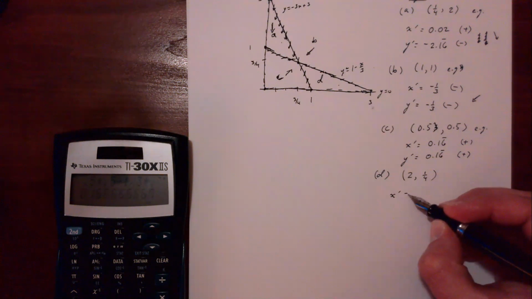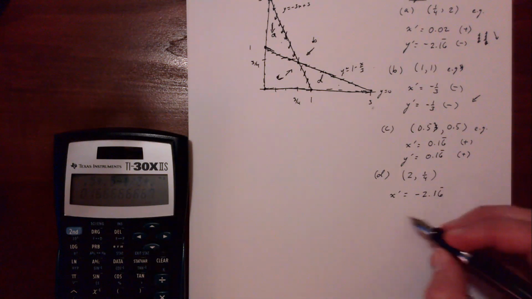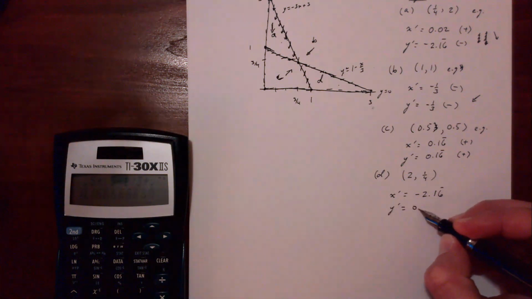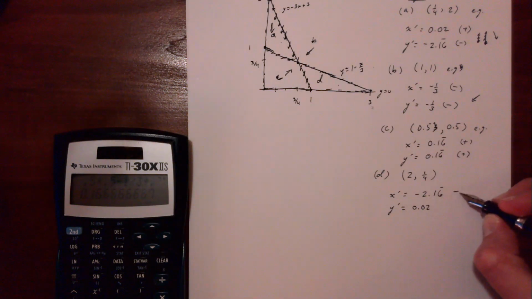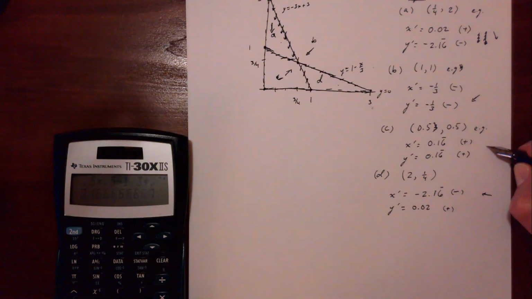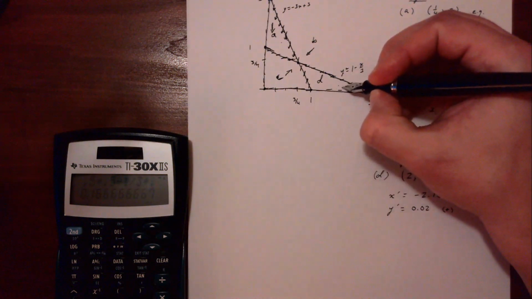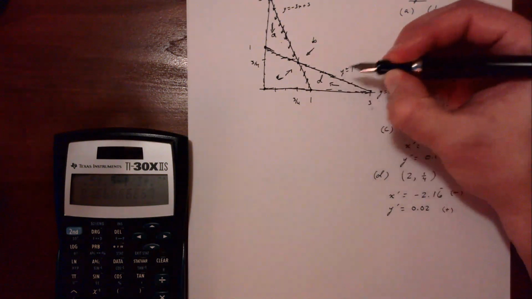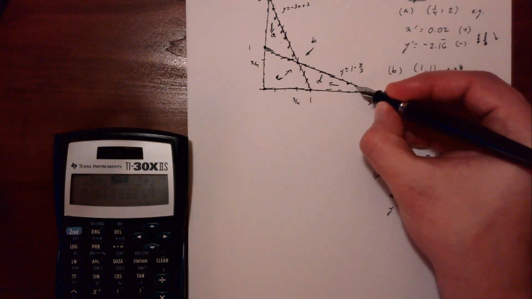Because of the symmetry, I can tell that the x is going to be the same as what the y was before, and the y is going to be the same as what the x was before. That means we have a negative and a slight positive, so this is going mostly to the left and ever so slightly up. Okay, based on this, we can see how to fill in these arrows.